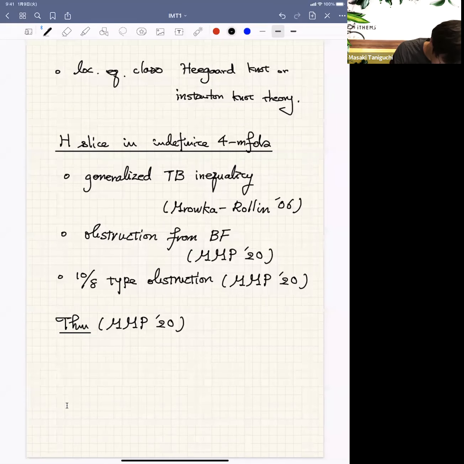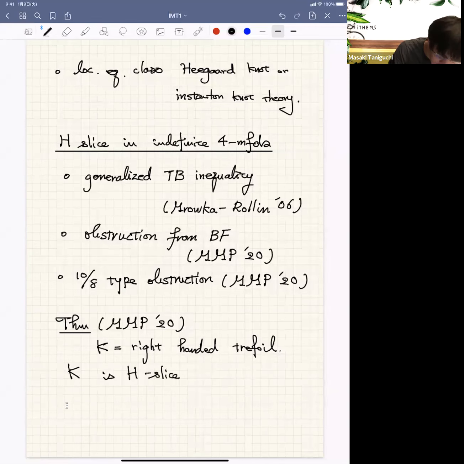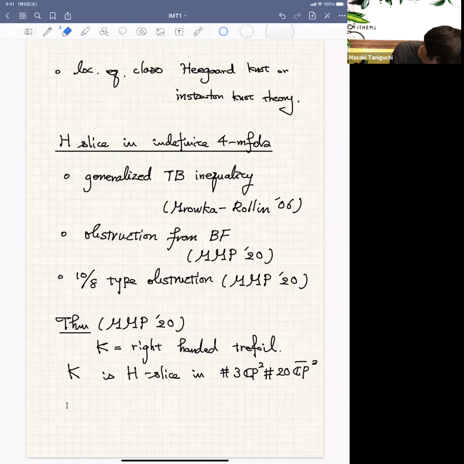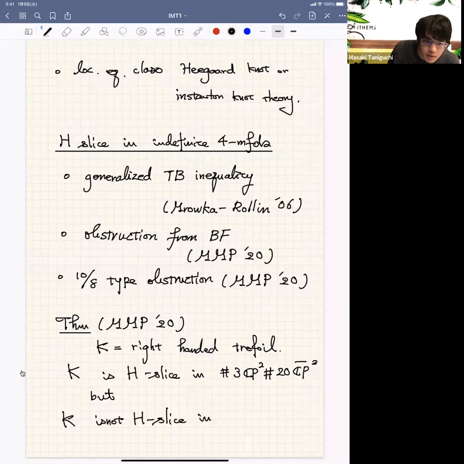They proved that for the right-handed trefoil, K is H-slice in the connected sum of 3 copies of CP2 and 20 copies of CP2 bar, but K is not H-slice in the blow-up of K3.